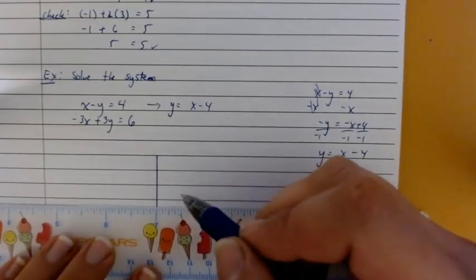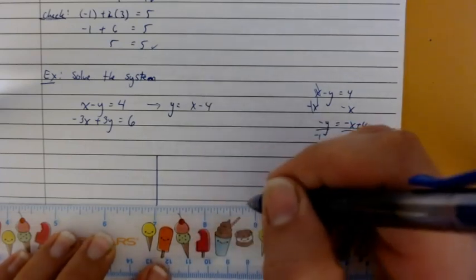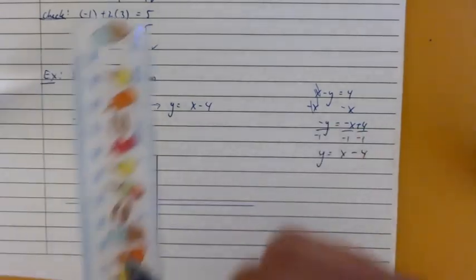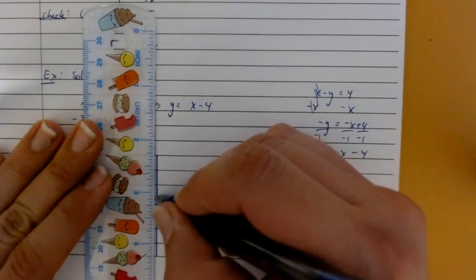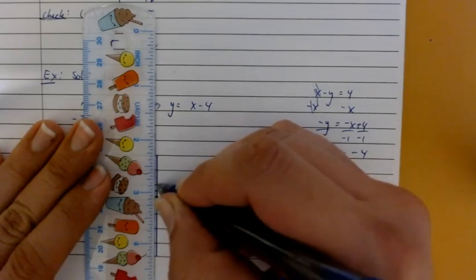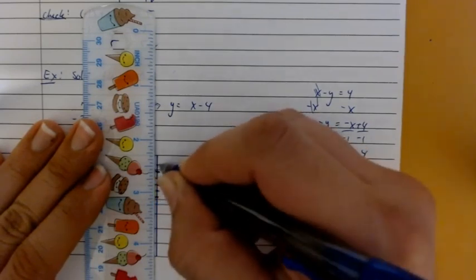Okay, let's see here. So I'm going to go up 1, 2, 3, 4, 5, 6.